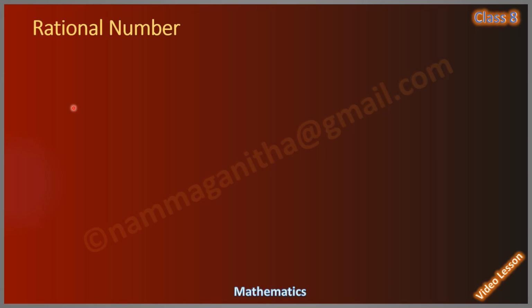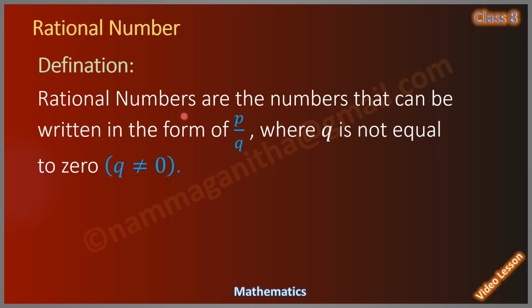Definition of rational numbers. Rational numbers are the numbers that can be written in the form of p by q, where q is not equal to 0.